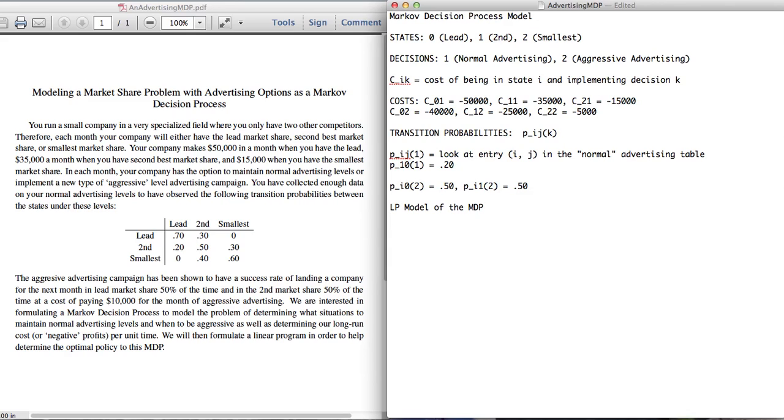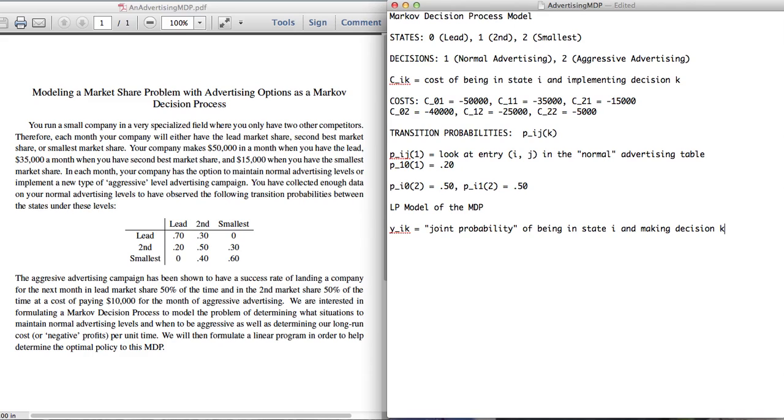We're going to define these variables y_ik, and we're going to view them as the joint probability of being in state i and making decision k. The way we formulate this LP, we will only ever have one of these y's on.